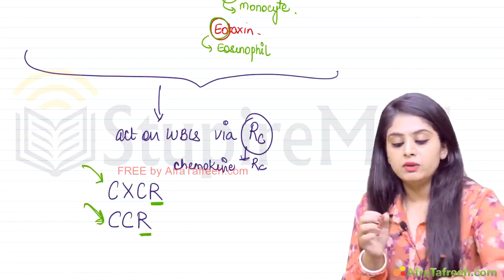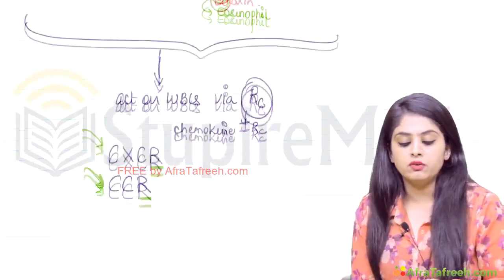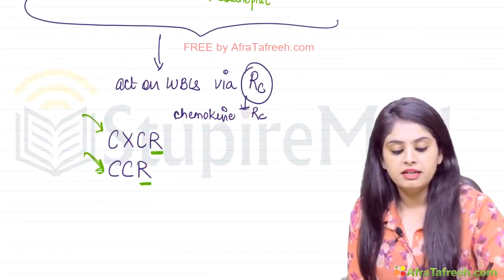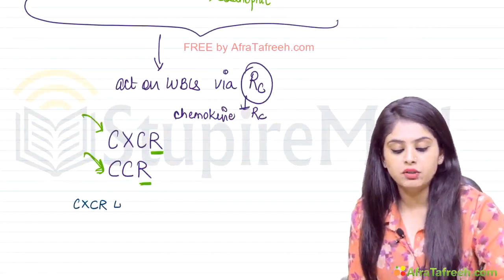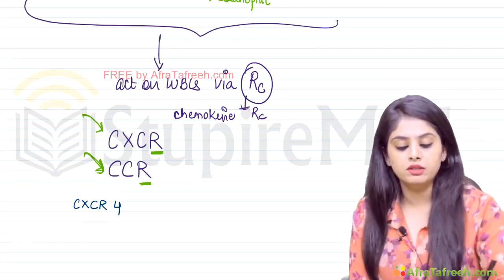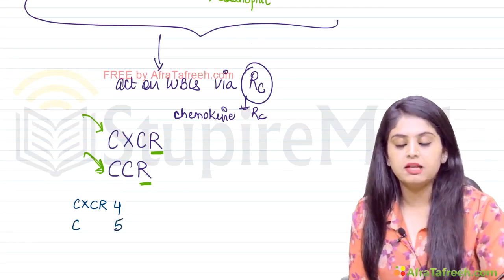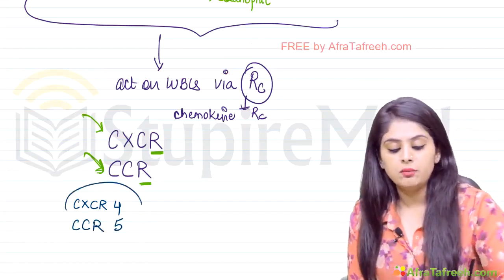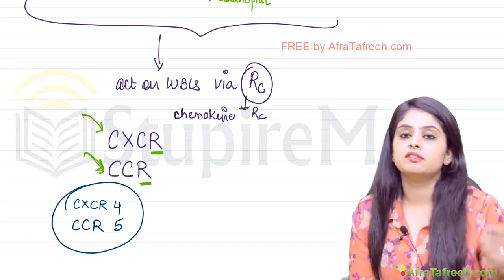There is one link with immunology that you are going to formulate over here. You do not need to know the names of all the receptors, but definitely remember there is something known as CXCR4. 4 letters, CXCR, so number 4. And the next number becomes 5, so CCR5. This combination of receptors you need to remember.